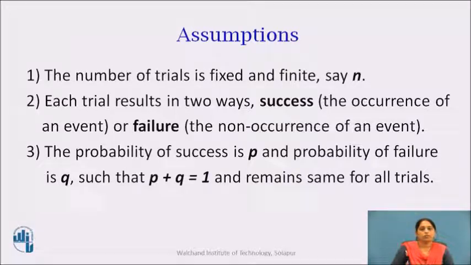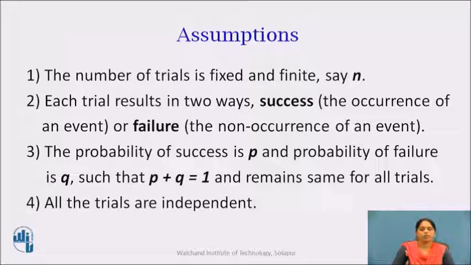Third assumption is the probability of success is small p and the probability of failure is considered as small q, such that p plus q is always equal to 1 and remains the same for all the trials. And the last assumption is all trials are independent.